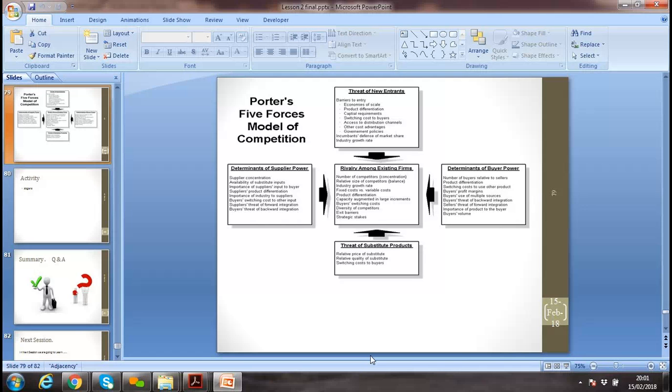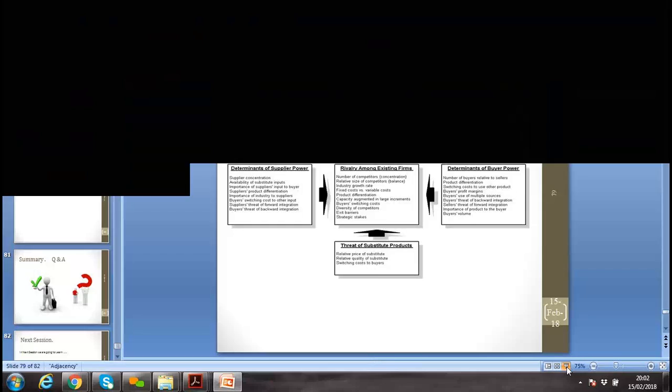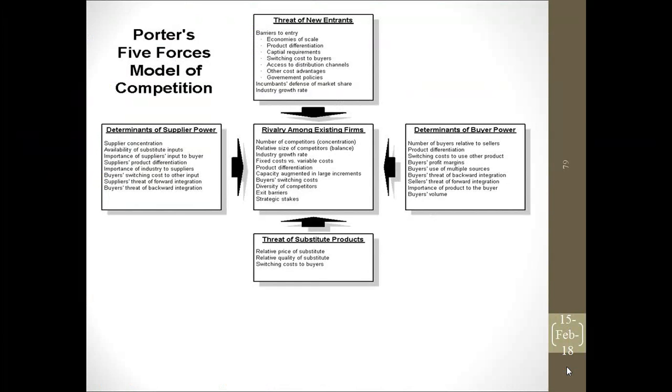So, determinants of supplier power. Is it about how much capital the supplier has, how much investment he has? No, it's how big that supplier is, what sort of supply they are offering, whether there is one supplier in that area, whether I can switch or not, and whether they will give me a lot of credit or not.